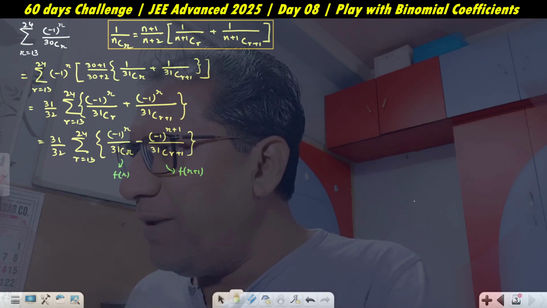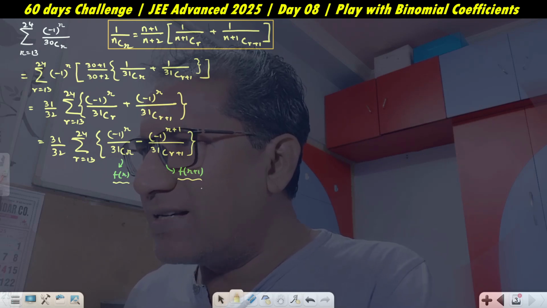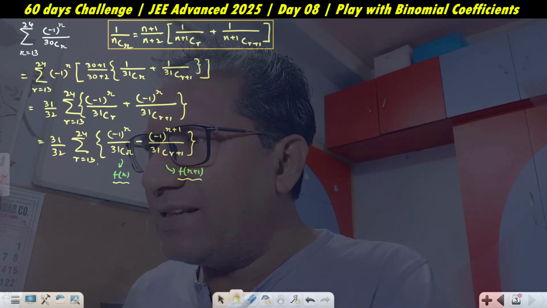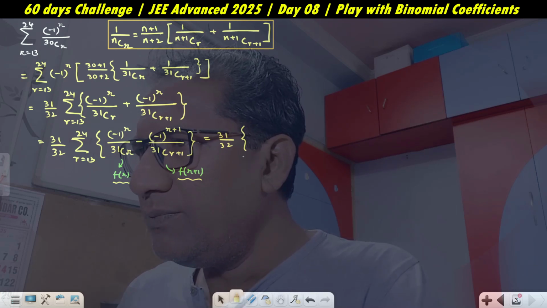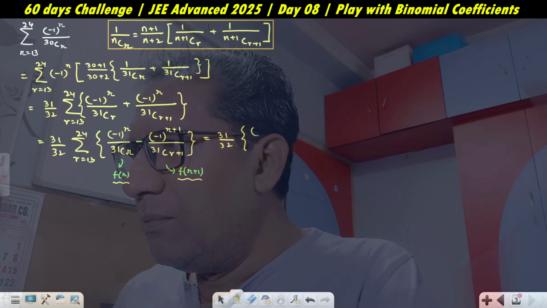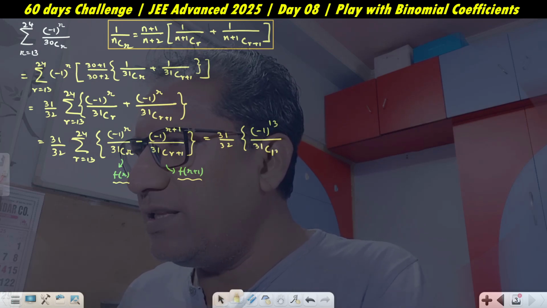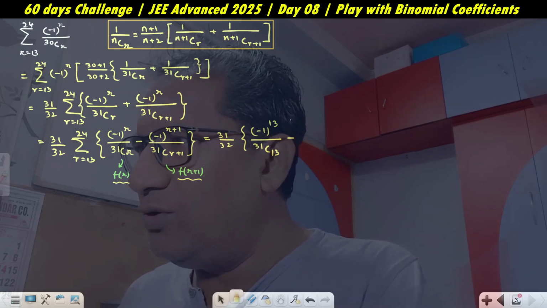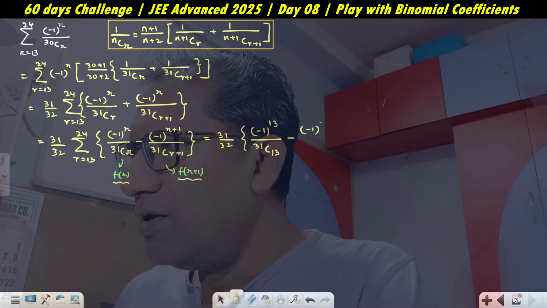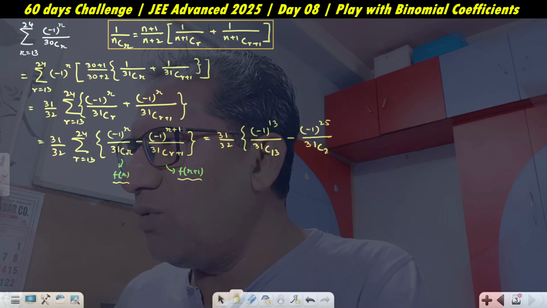So its sum will be, this one is the lower side, this one is the higher side. So the lower side will get 13 and the higher side will get 24. So the answer in that case will be minus 1 to the power 13 divided by 31C13 minus, this one is the higher one, so it will have the higher value, that is 24, so minus 1 to the power 25 divided by 31C25.